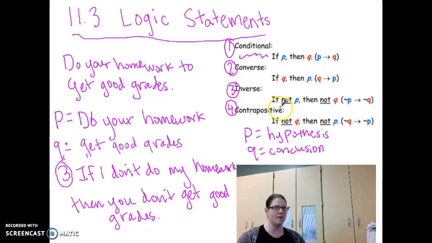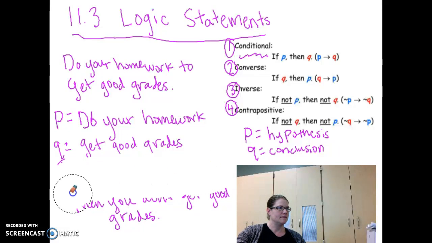And notice that the contrapositive, the one that we're going to do next, is if not Q, then not P. So they're still both negated, but P and Q have switched places. The contrapositive both switches P and Q places in the statement, and then it also negates both P and Q. So let's write down the contrapositive of this statement.